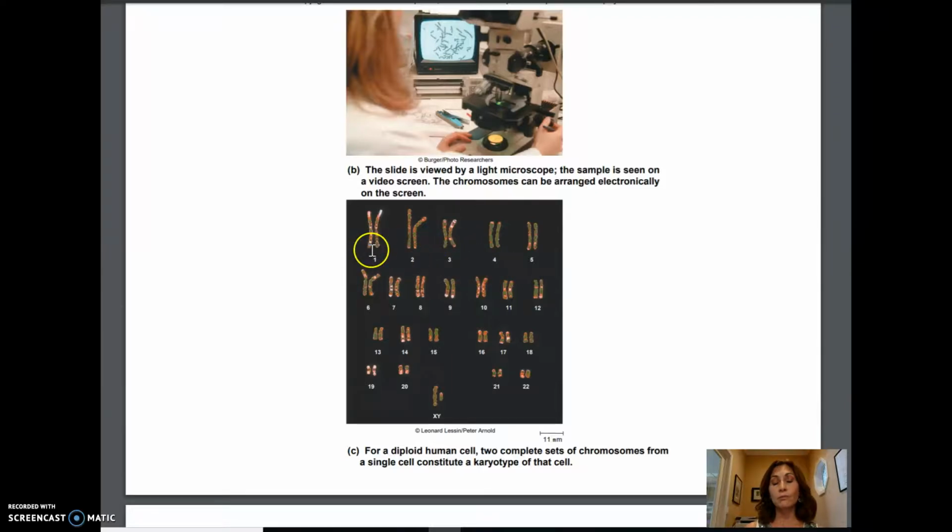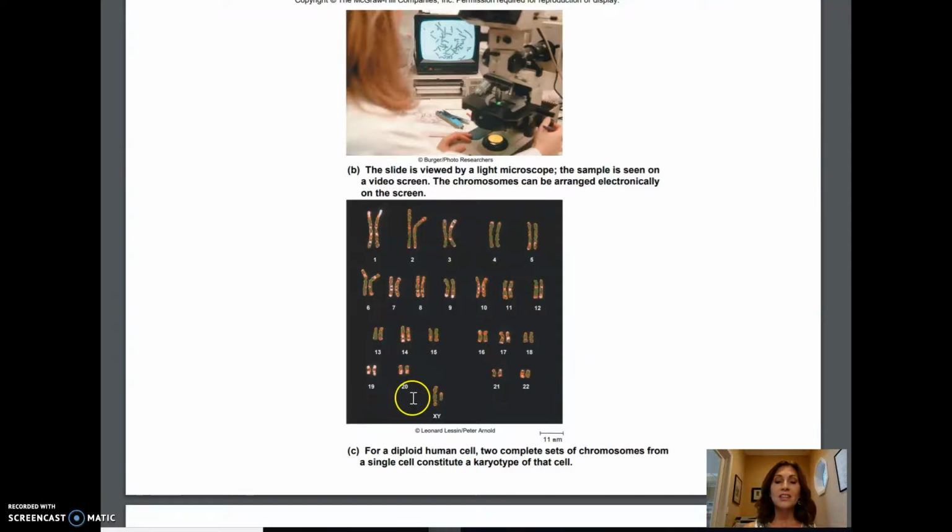Lucky for us, the people who originally developed this technique started with identifying chromosome 1 as the longest chromosome and chromosome 22 as the shortest. Using the dye, you can see differences in staining patterns, especially in this chromosome 3, between the parents' contribution to the cell.